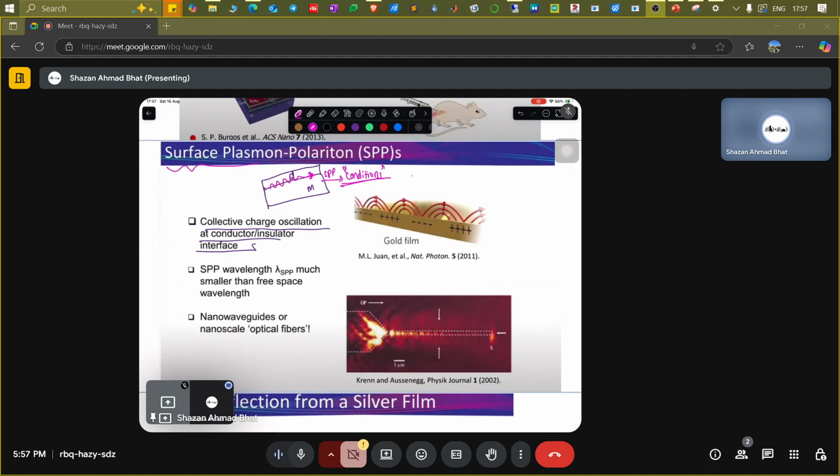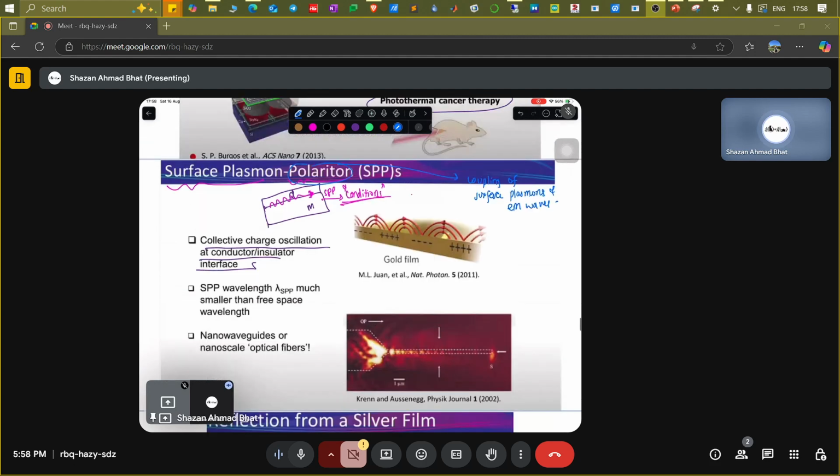So surface plasmon is the surface plasmon we talked about. Now this is the polariton part. It's like coupling of surface plasmons and electromagnetic waves. So that is basically what polariton means.